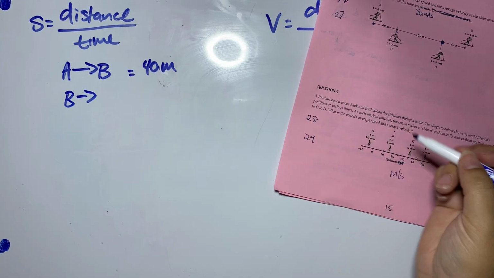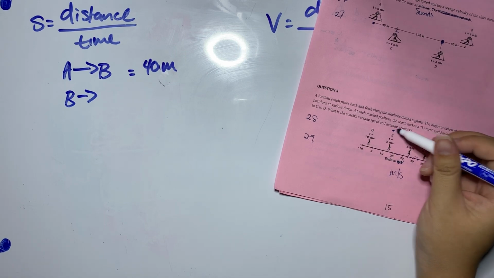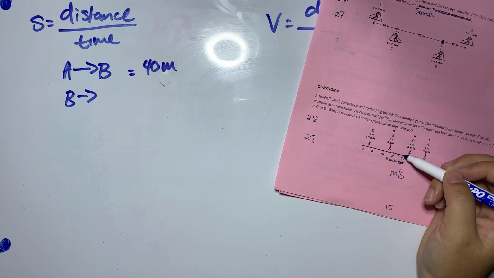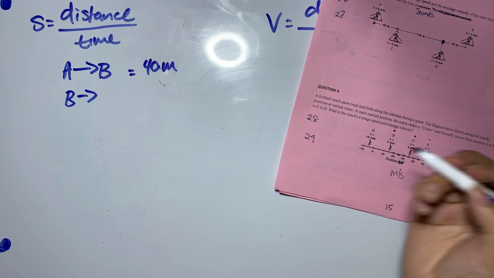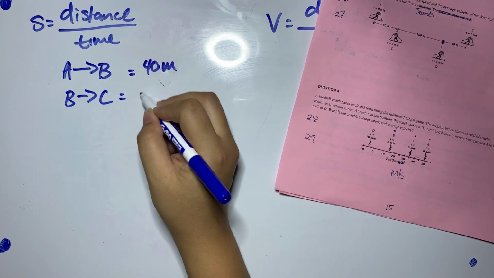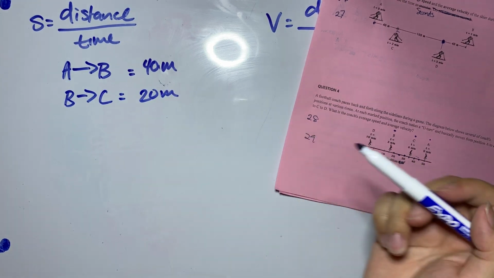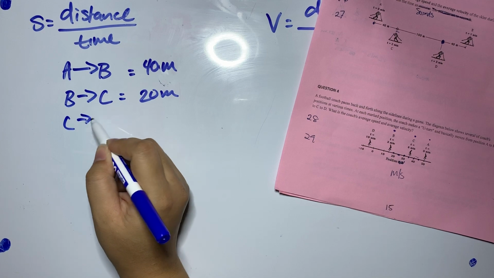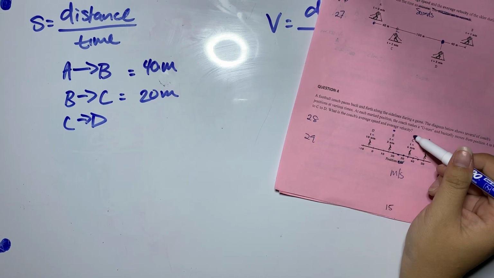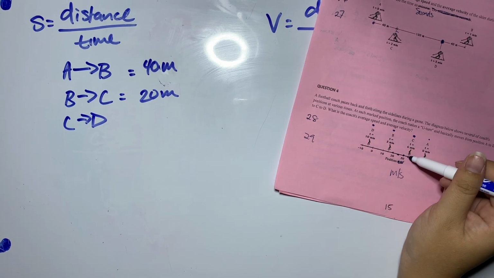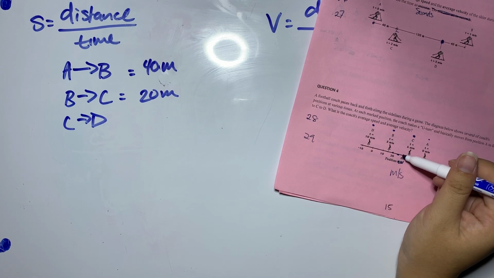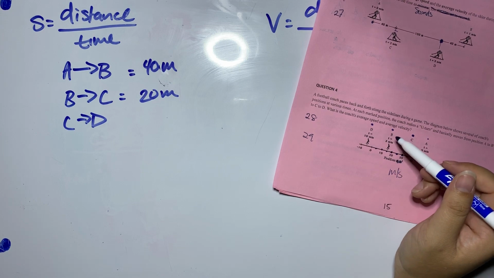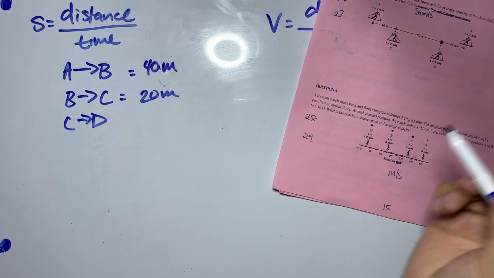B to C, going back, is 5, 10, 15, 20 meters. And then we have to find C to D: 5, 10, 15, 20, 25, 30, 35, 40.